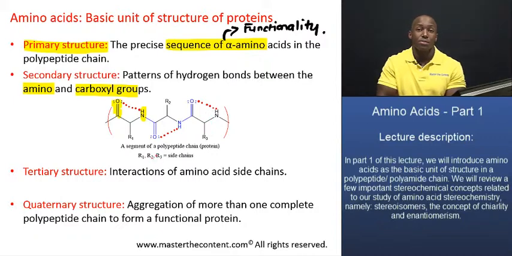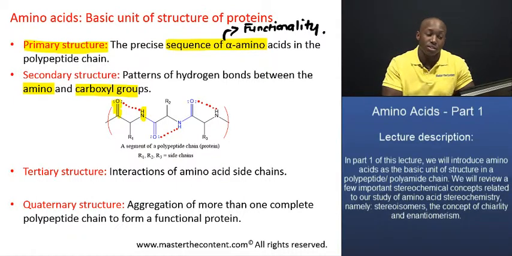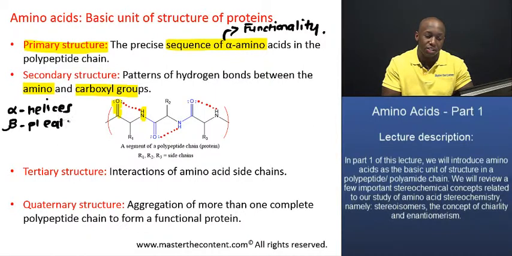Remember, a hydrogen bond is a bond that is formed between a proton that is bonded to a highly electronegative element and another highly electronegative element. So this internal hydrogen bonding is what gives rise to the secondary level of organization, and it results in the formation of what we refer to as alpha helices and beta pleated sheets, beta sheets.